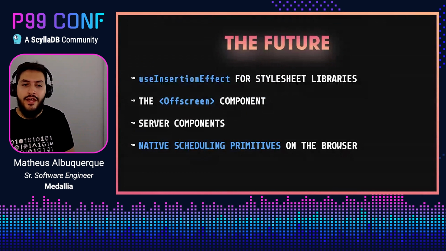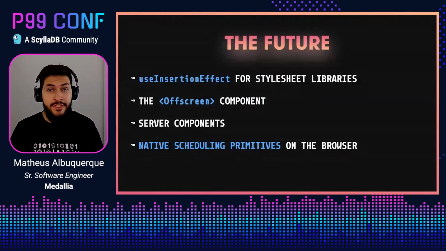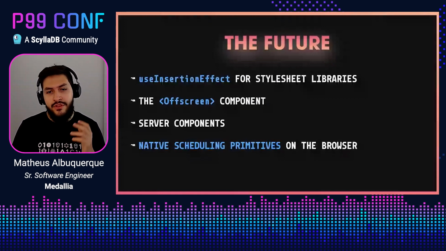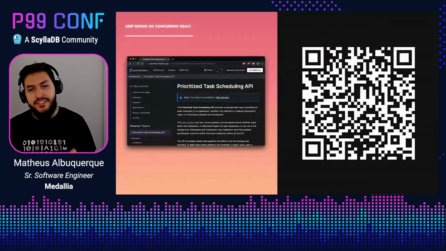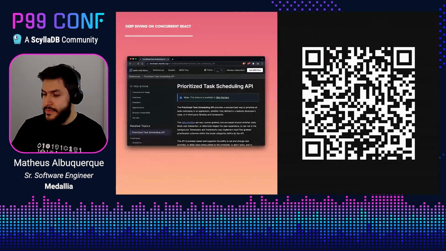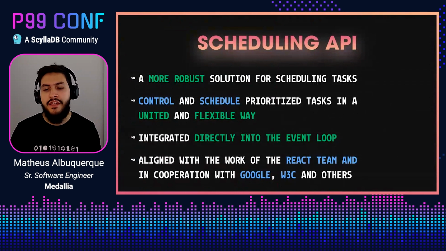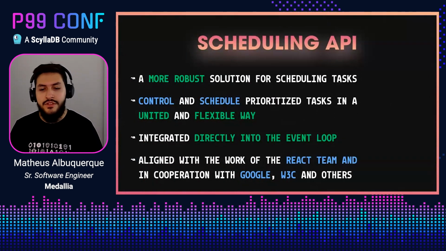And outside of React, there's also the native scheduling primitives in the browsers. So if you haven't seen, I would recommend you to check the Prioritized Task Scheduling API. That is basically an umbrella of different APIs that all aim to bring a more robust solution for scheduling in the browsers in a way that is promise-based and directly integrated into the event loop.